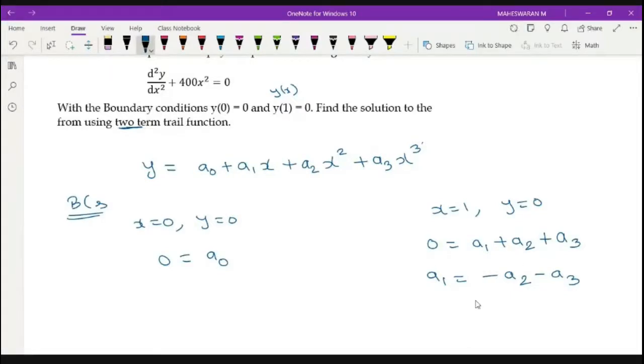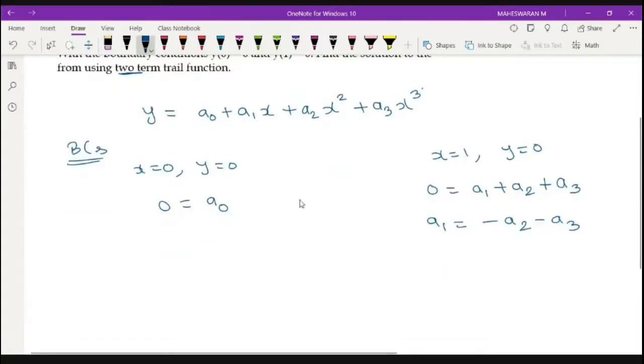Now I substitute these things. All these things I have to substitute in this trial function. So your trial function should satisfy the boundary conditions. In that case, what will I get? I'll get y is equal to a naught, which is 0, leave that.